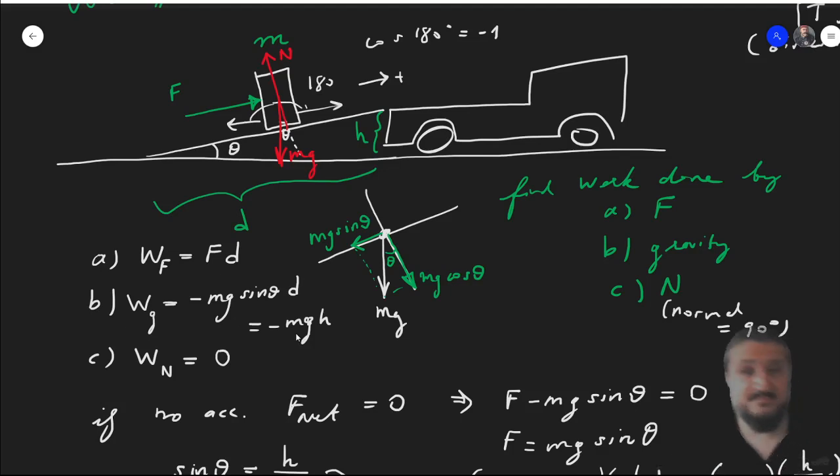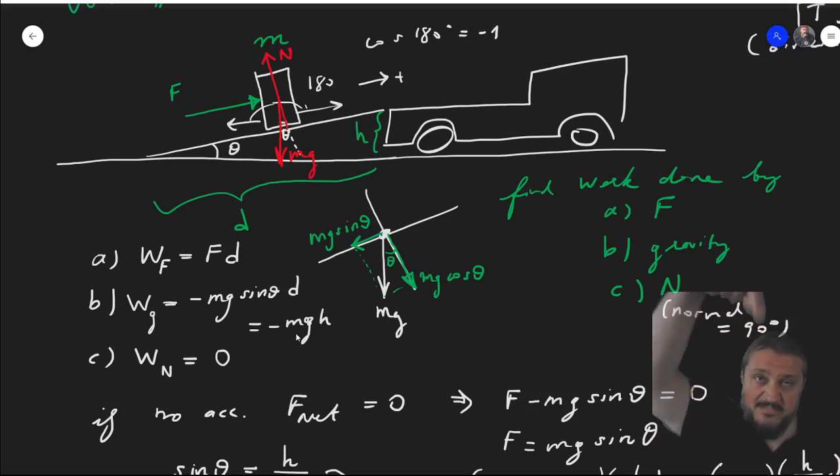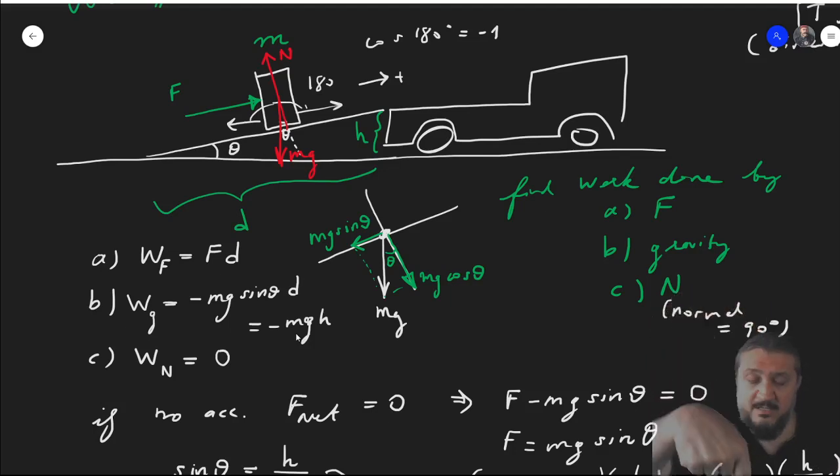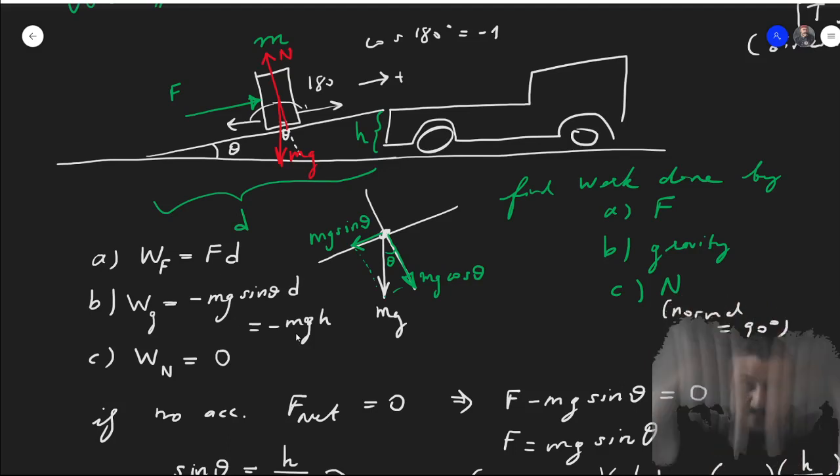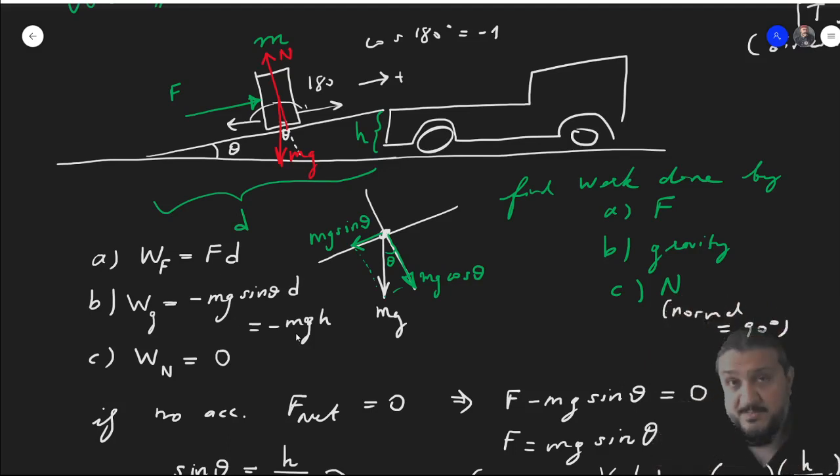Getting tired doesn't mean your work is going to be positive, okay? But when you're lowering the object, gravity is doing the positive work. Why? Because gravity vector points downward, or let me say weight, to be precise. Weight as a vector points downward, and displacement also points downward. If these two vectors are parallel, the work is positive. Cosine 0 is 1, right? So when you lower the object like this, you bring it down.